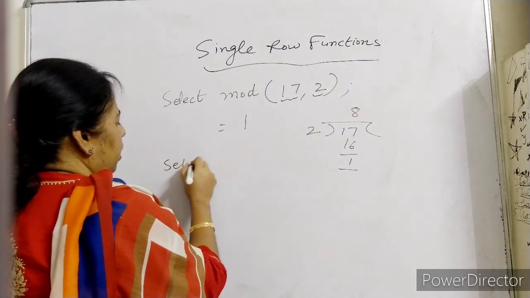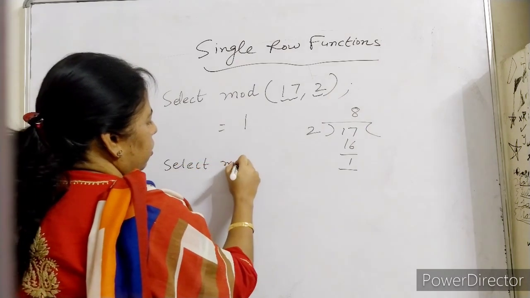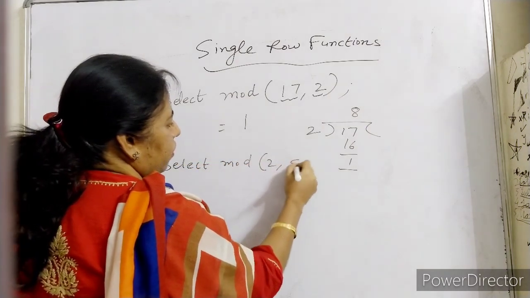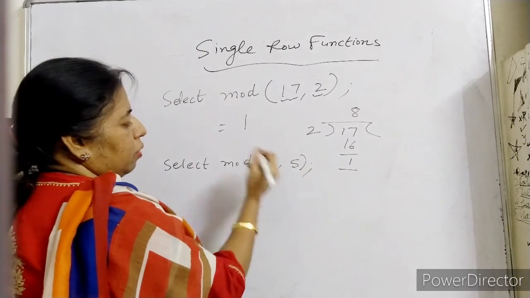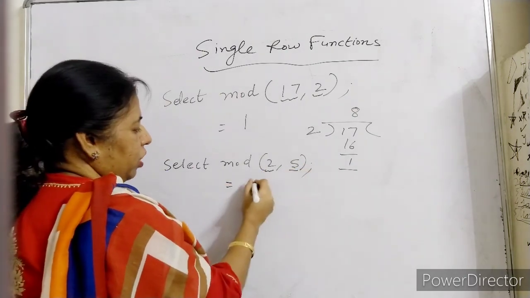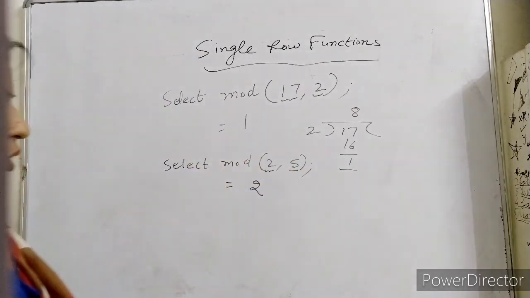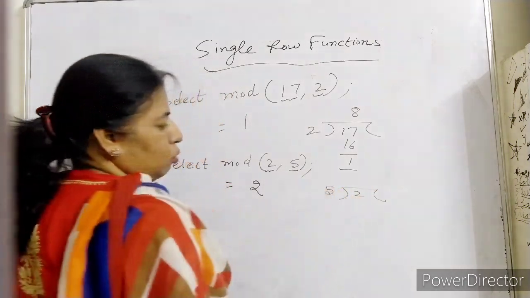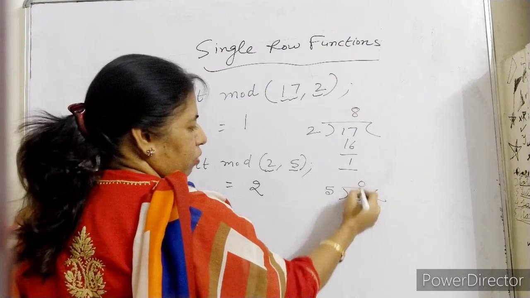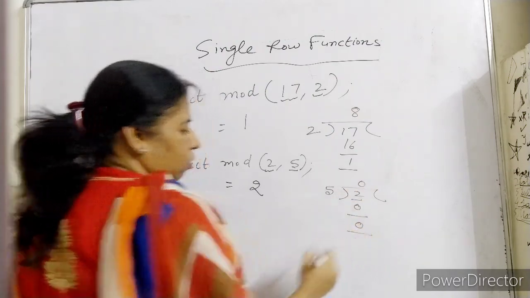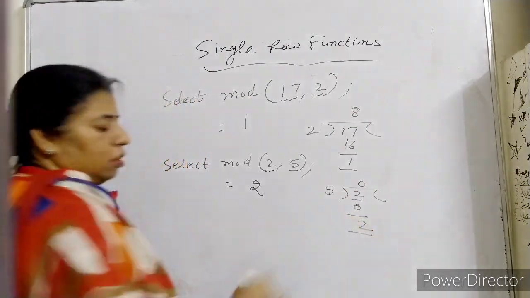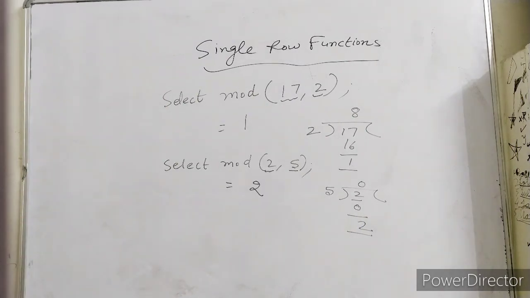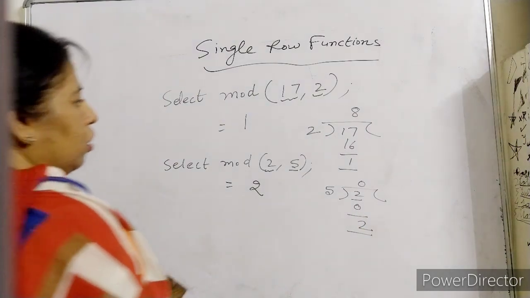If I am taking here mod(2, 5), what will you get? Now this number is less than this divisor, so you will get the modulus 2 itself. How? Divide the number 2 by 5, it is a smaller number, so the quotient is 0. Okay, the remainder is 2. Clear? This is how the modulus function works.